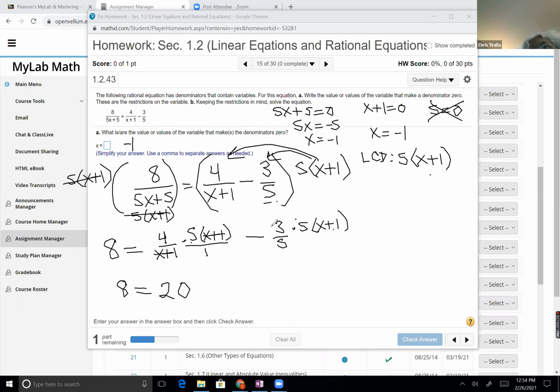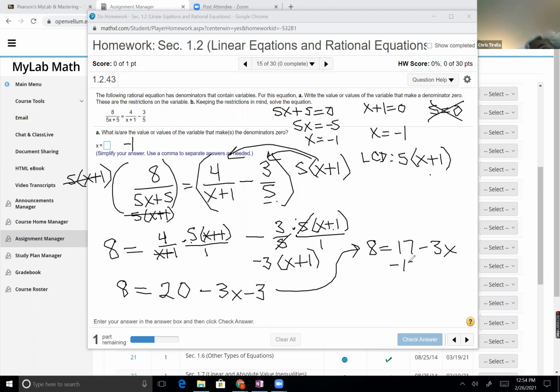This second product, if I think of putting that common denominator over 1, the 5's would cancel out. So that will leave me with minus 3 times x plus 1, which would give me minus 3x minus 3. So that will become, moving over here, 8 equals 17 minus 3x.